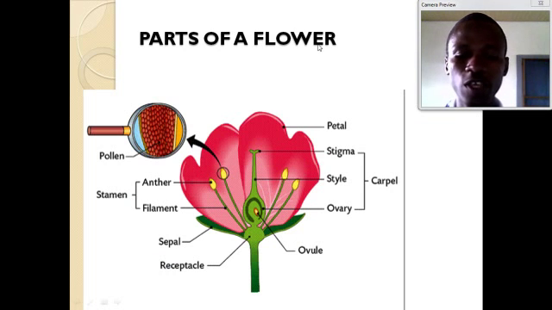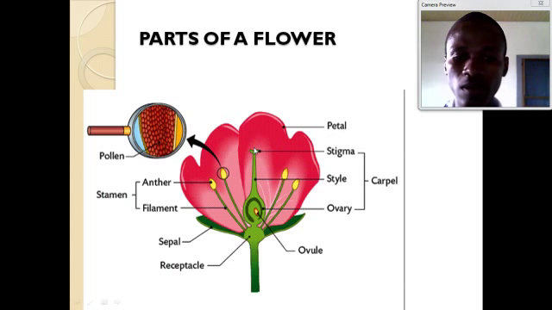I believe you have enjoyed the video on the parts of the flower. Now, take a look at this image showing the various parts of a flower. Here we have petal, which is a brightly colored part of the flower.